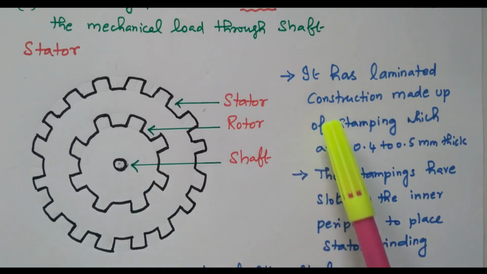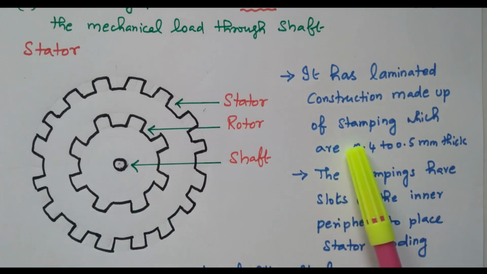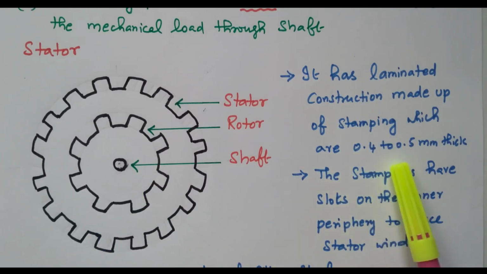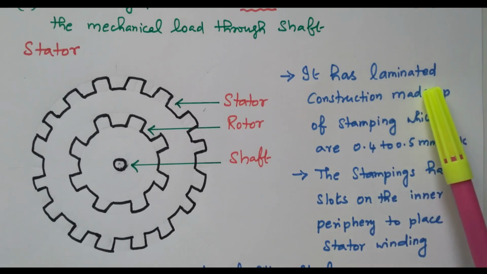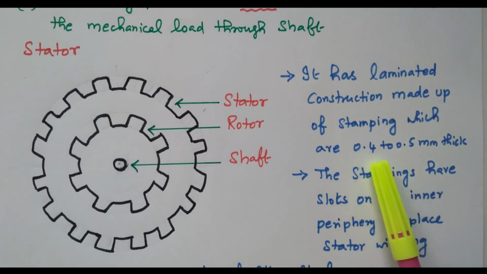Now we will see the description. It has laminated construction made of stamping which is 0.4 to 0.5 millimeter thickness. This iron core is highly laminated in order to avoid the eddy current loss. So it is not a single piece.